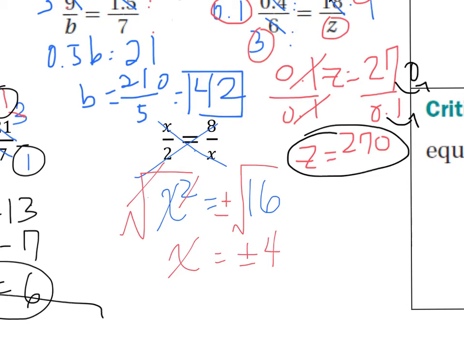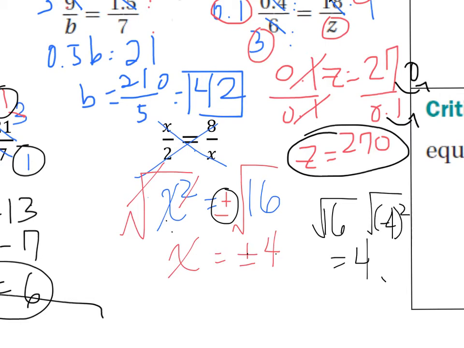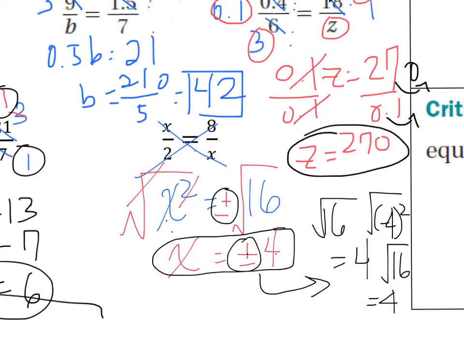The reason why you could do positive and negative is because if you sub in positive 4 to get radical 16 or root 16, you get 4. If you sub in negative 4 for x, you still get positive 16. So that still equals 4. This is the reason. So your answer is x equals positive negative 4.